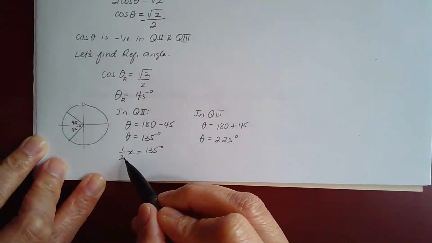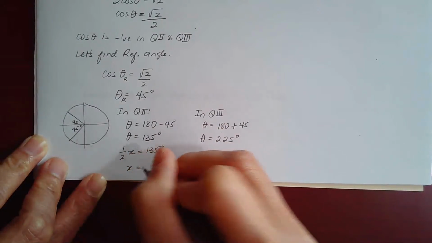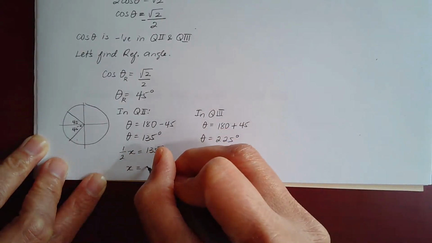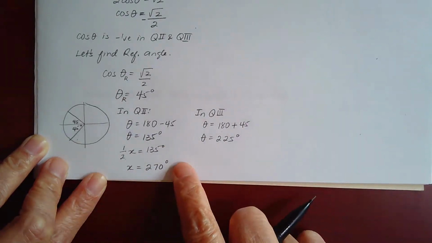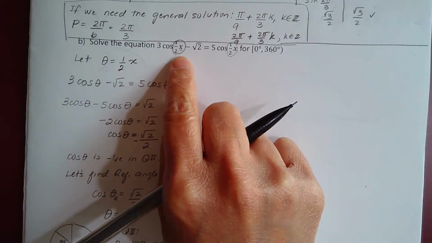Then we solve for x, so cross multiply: x is equal to 135 times 2, which is 270 degrees.